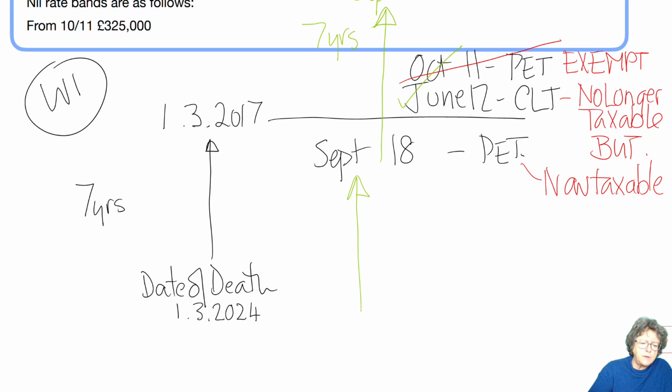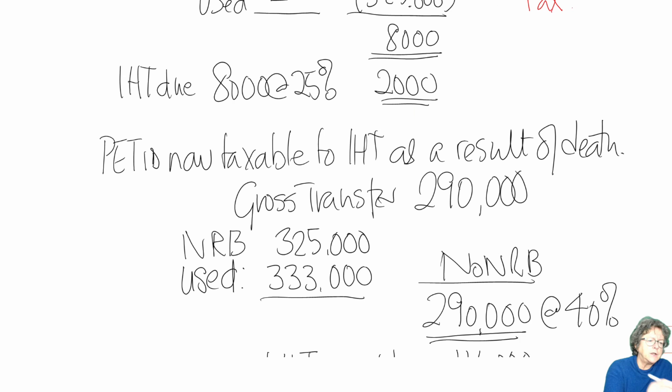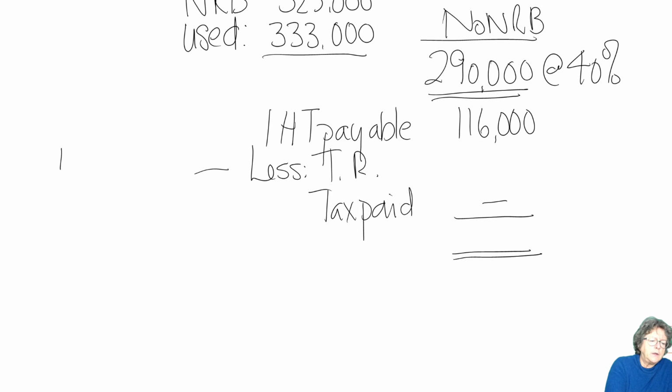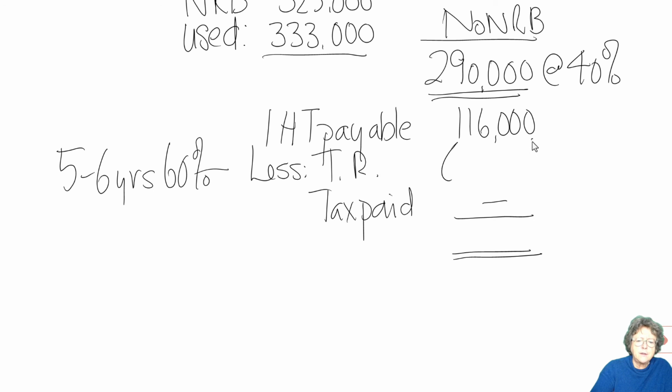Is there a difference between there and there of more than 3? Yes, there is. So September 18 to March 2024 is between 5 and 6 years. And if we check the rates, that gives us taper relief of 60%. So 60% of this tax bill is now reduced, and we only have to pay the 40%, which is 46,400.